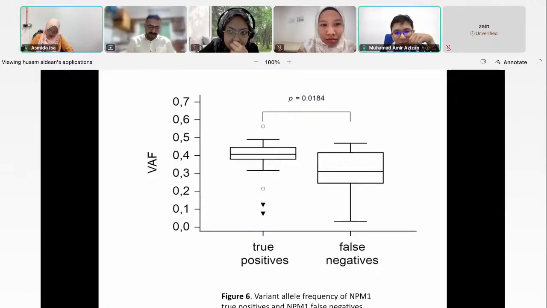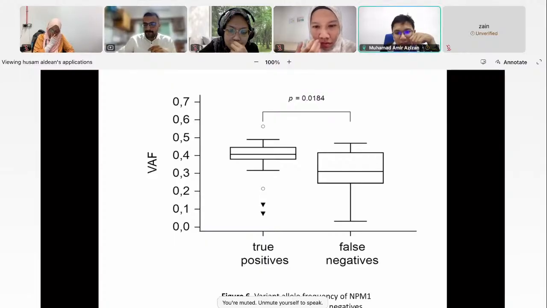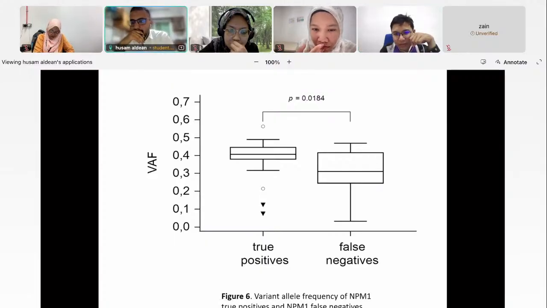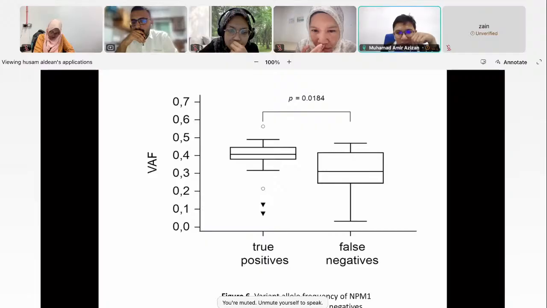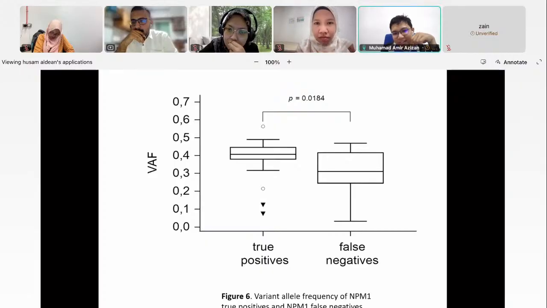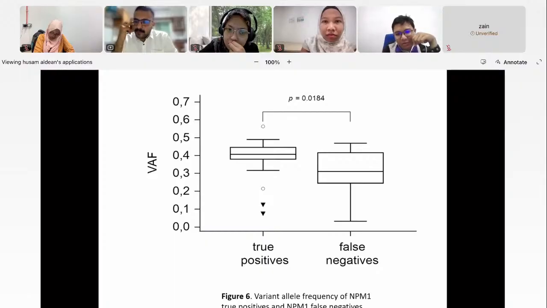I think it's from the median. If you see, there's a line in between the box. That line is the median for this graph. So if you compare those, you can see that the median for false negative is less than true positive. I think this is a box plot, right?